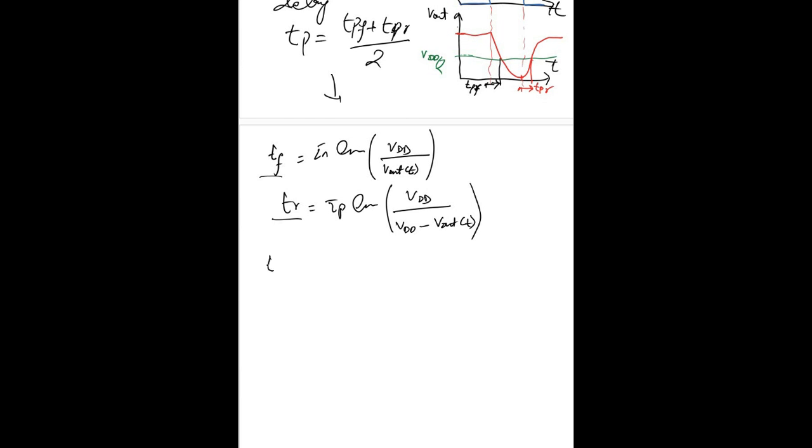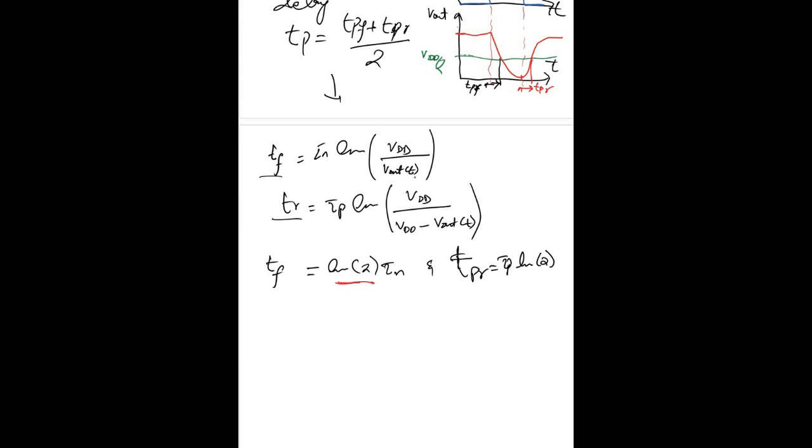So for TPF, we will get the value that is ln of 2 tau of n, and for our value of TPR, we will get tau of P ln of 2. And how can we get these values here?